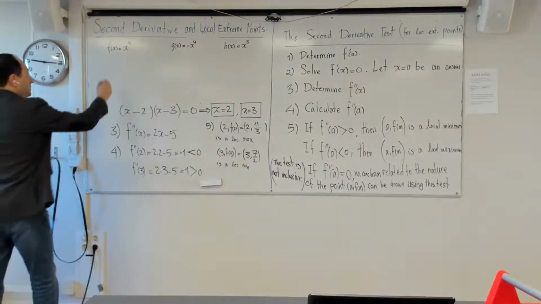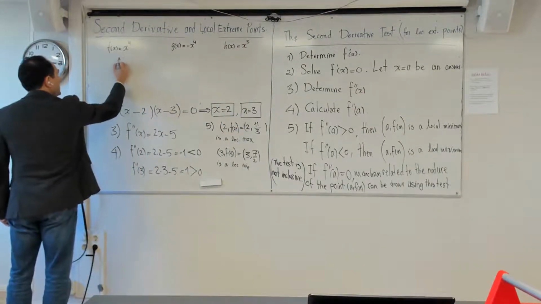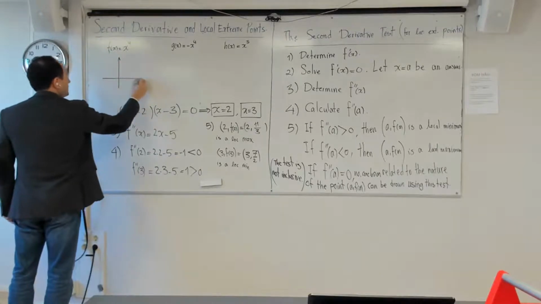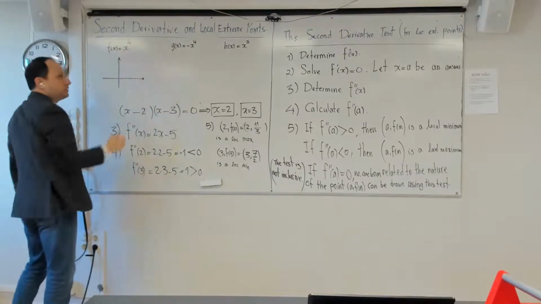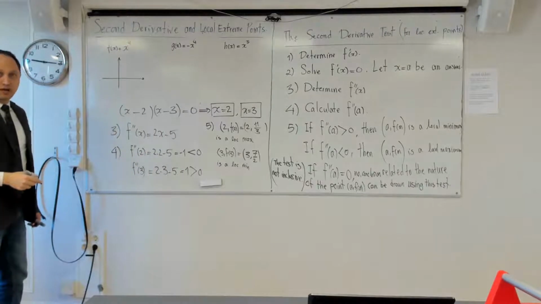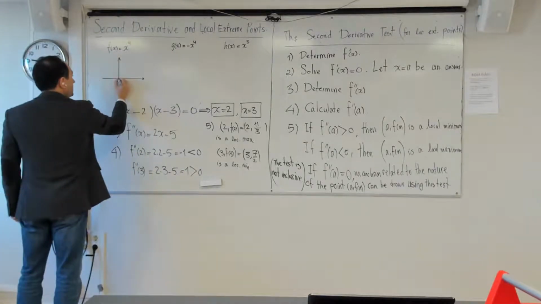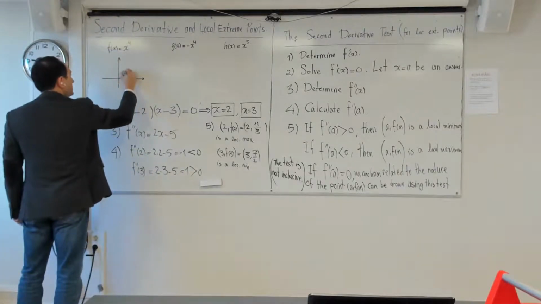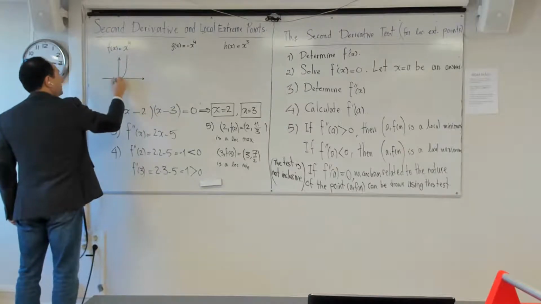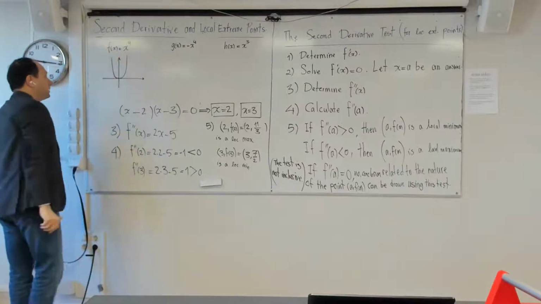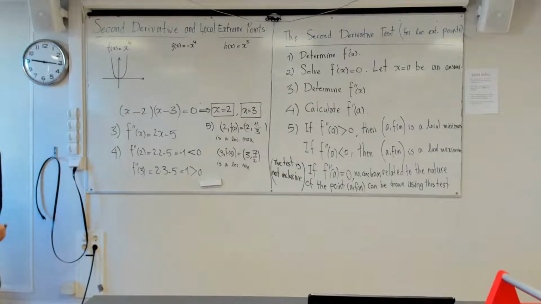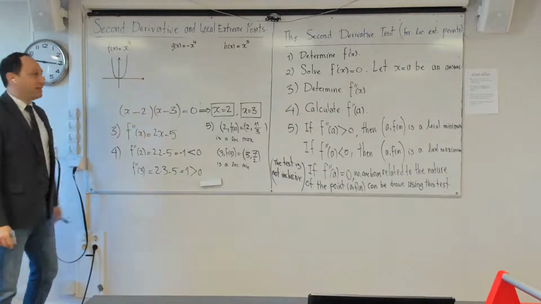Okay, so if you have GeoGebra available, you can see that if you draw the graph of this function, it is very similar to the graph of x squared, but a little bit sharper because it goes higher much faster than x to the power of 2. But these are essentially the same pictures.